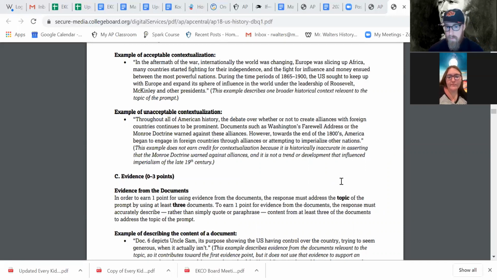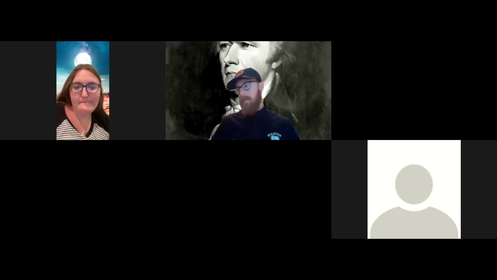They said they did not give credit for this because it says, this example does not earn credit because it is historically inaccurate in asserting that the Monroe Doctrine warned against alliances. And it is not a trend or development that influenced imperialism of the late 19th century.